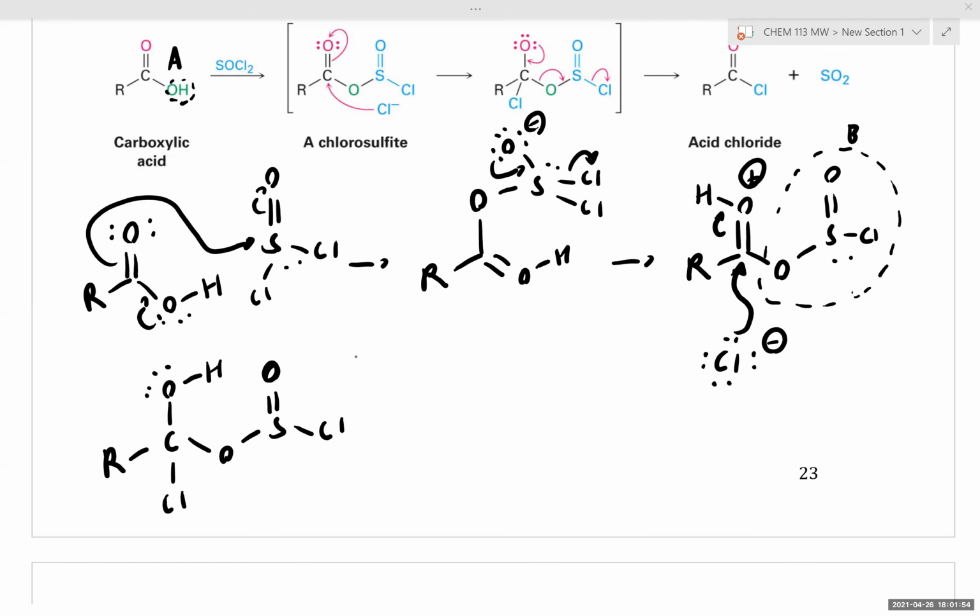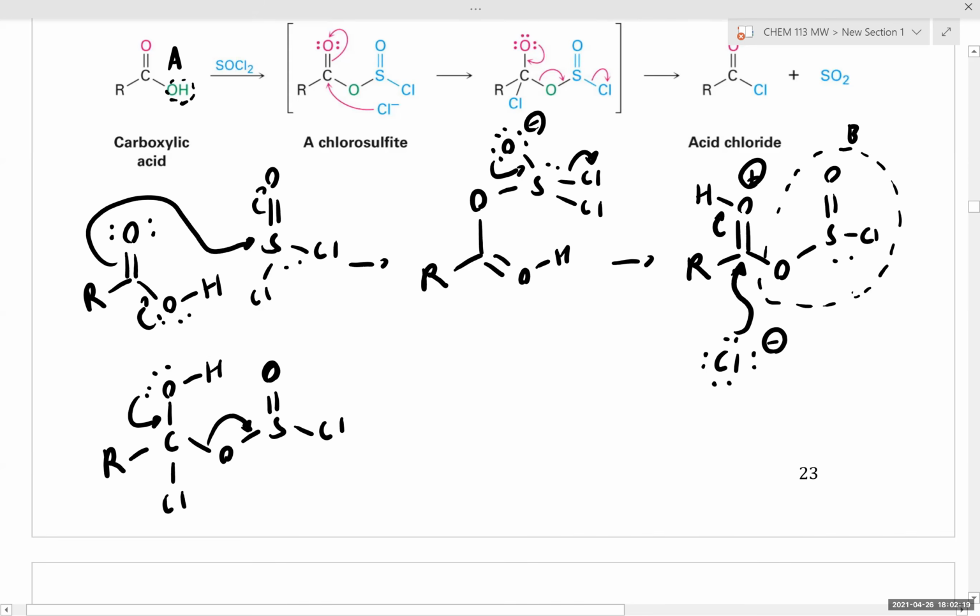Which of these leaving groups looks like the best leaving group? Our activated alcohol or chloride? The activated alcohol. This is one rare case where we actually have a better leaving group than chloride.